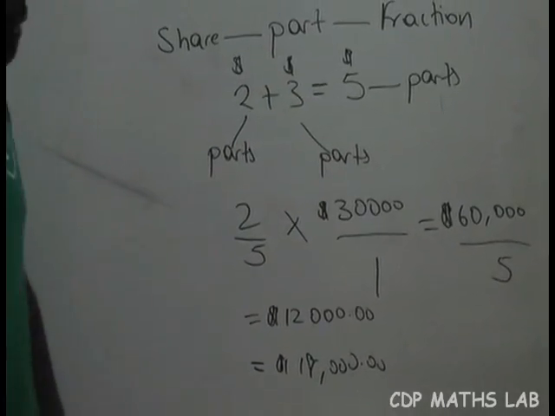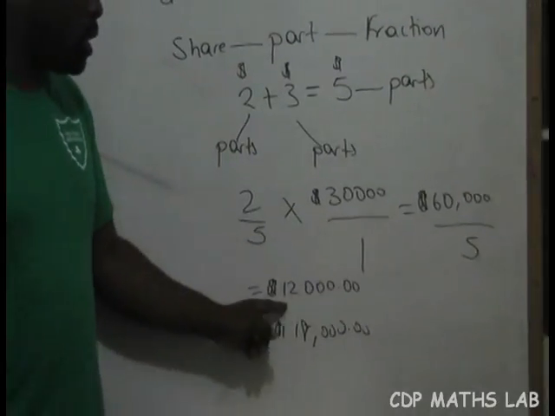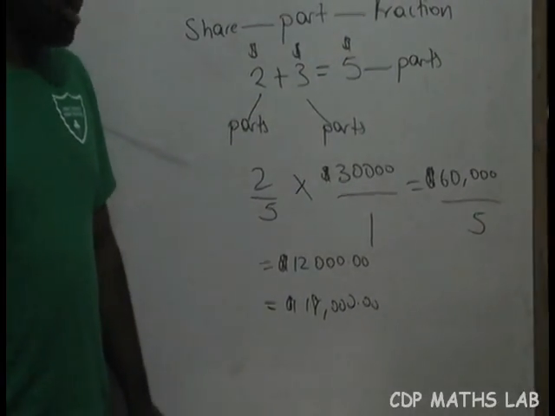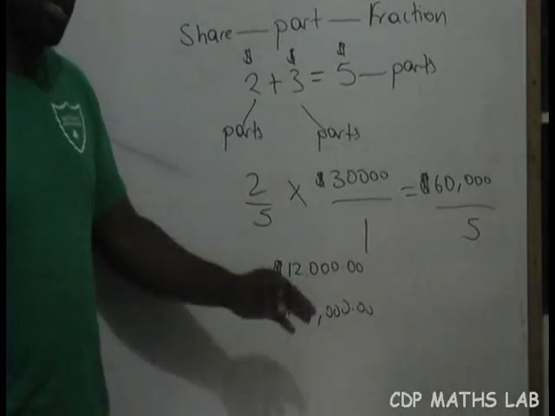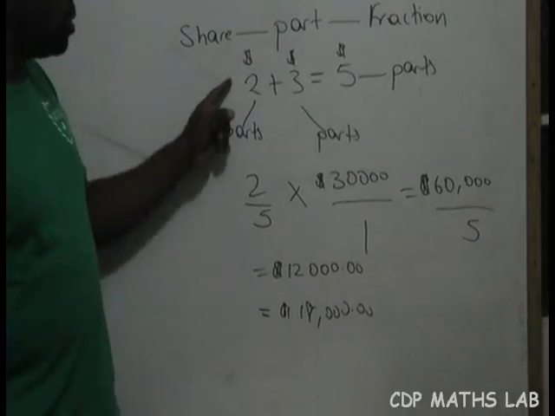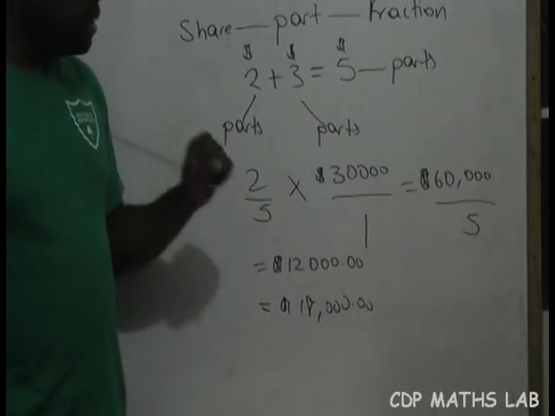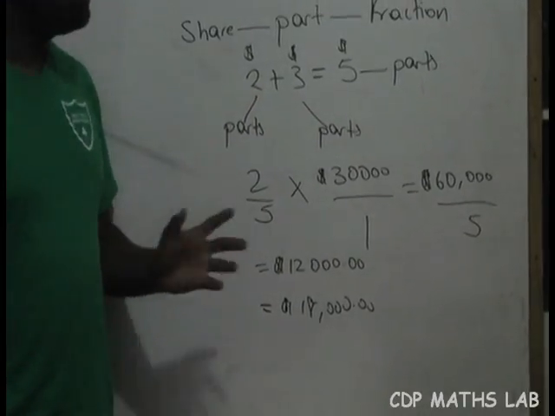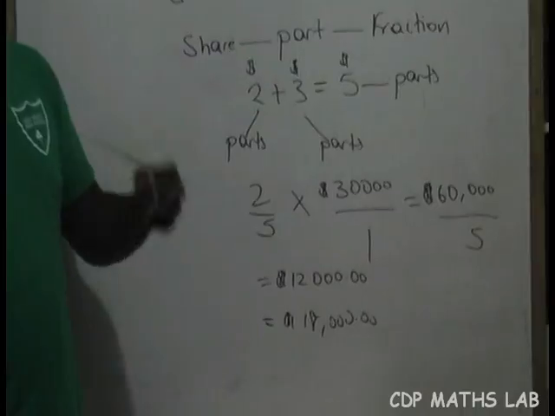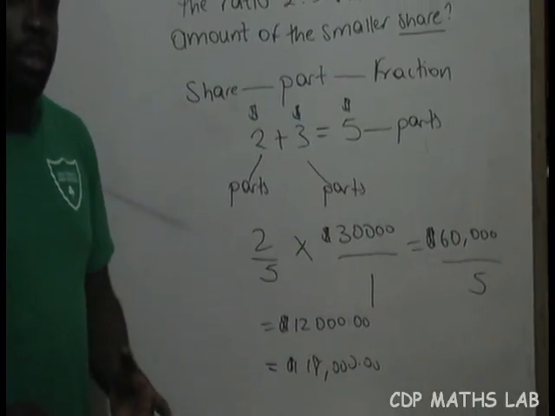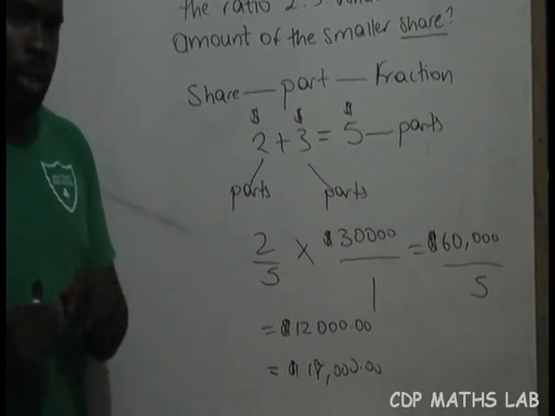Now the highest common factor here would have been what? $6,000. So if you divide this 12,000 by 6,000, you'd have gotten 2. If you divide this 18,000 by 6,000, you'd have gotten 3. So in these cases, they normally say that a ratio is stated in its lowest terms.